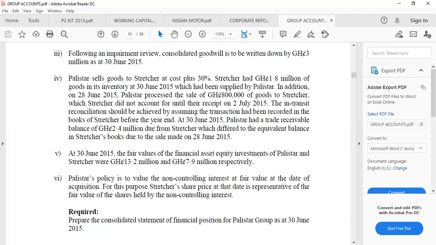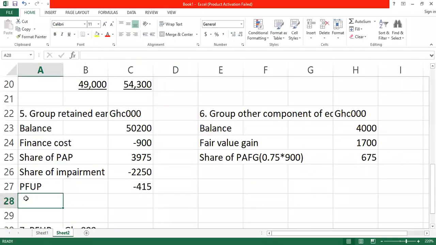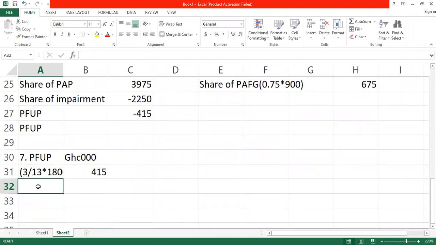So let's find the profit element first before we know what to do. Let's look at the provision for unrealized profits, which is the second one. The profit element will still be 3/13 times what? This place will now be 0.8, which is 800. Am I correct?